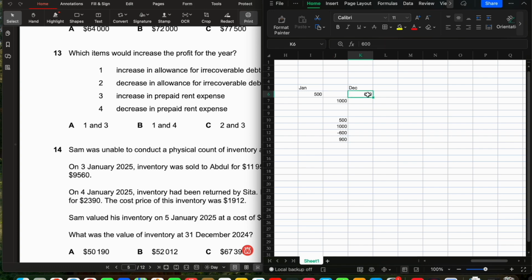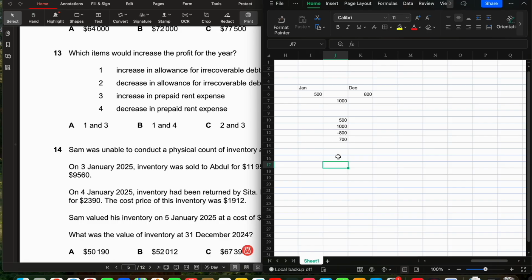If this amount increases, I know this is not the question for that, but just to make this question easy, if prepaid rent increases from 600 to, let's say, 800, then my overall expense in the form of rent will decrease. Do you see that? It was 900, now 700.